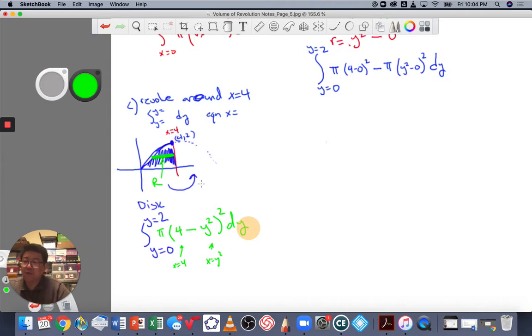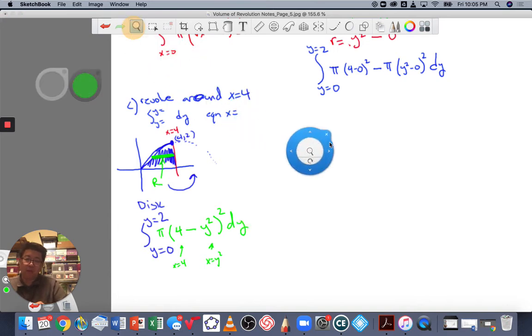If you did 4 minus 9, you would get negative 5, but because you're squaring it, you'll still get 25. So it's not really proper to put the y squared. I know I did that in my notes, but technically it should be 4 minus y squared. But because we're squaring it, in the end, it'll still come out to be the right number. So you're going to be okay.